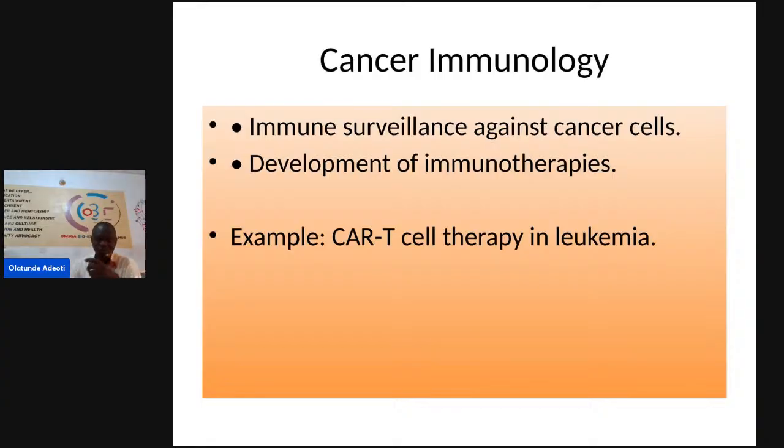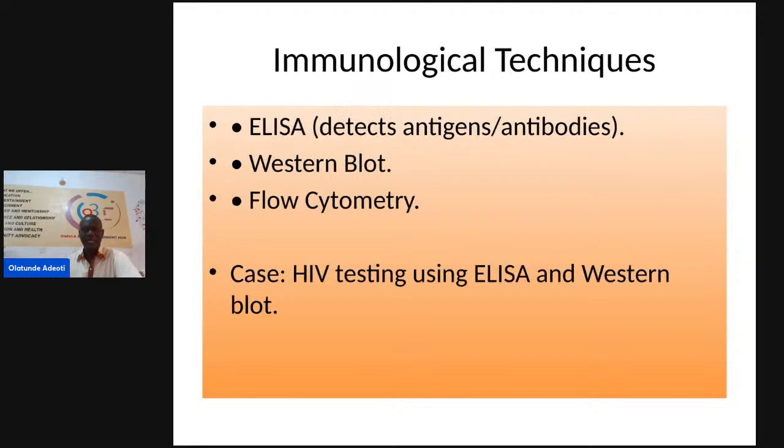That is when your immune system is so watchful that it prevents you from developing cancer. It is also a result of the development of immunotherapies, that is, drugs that can actually protect the immune system from cancer.